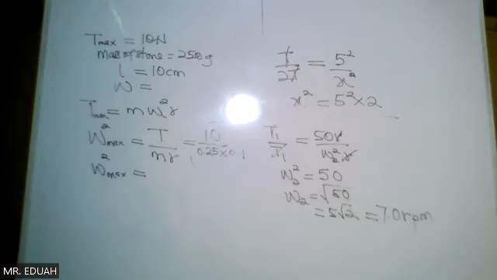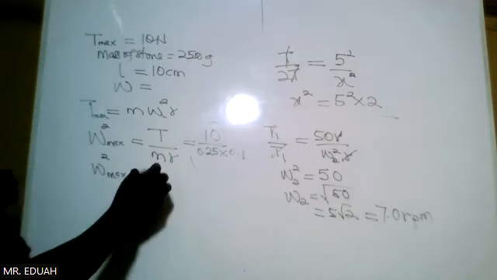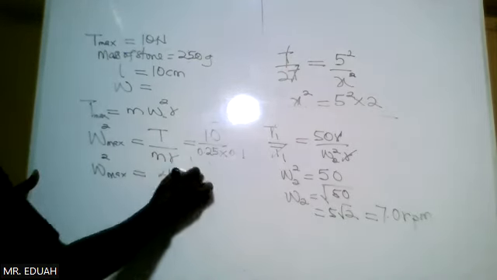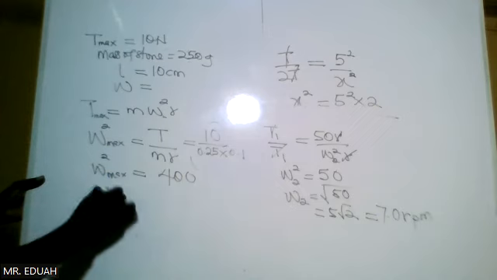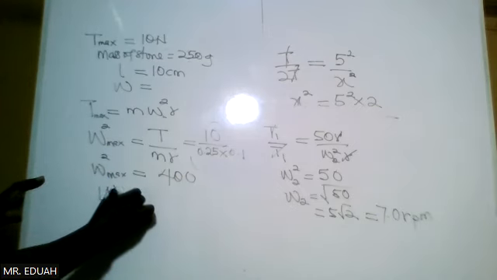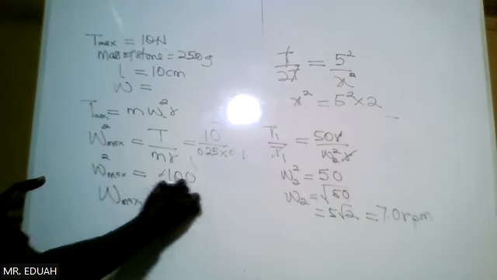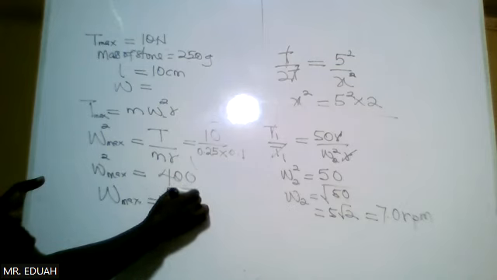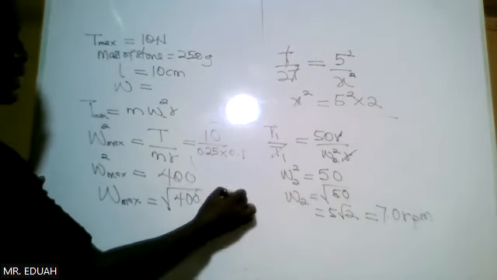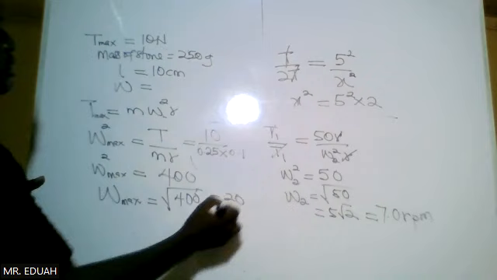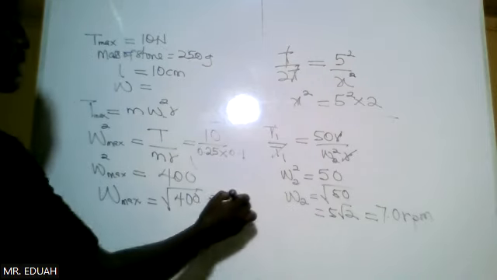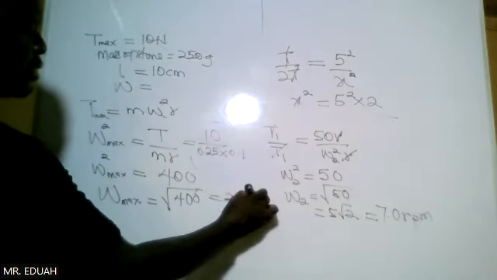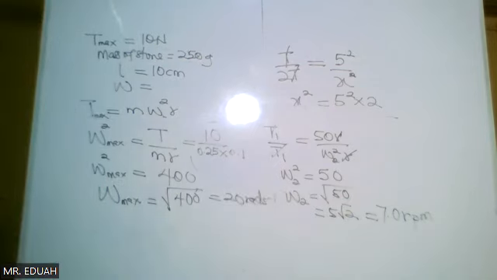This is 400. Therefore, maximum angular velocity is equal to square root of 400, which is 20. Okay, so 20 radian per second.